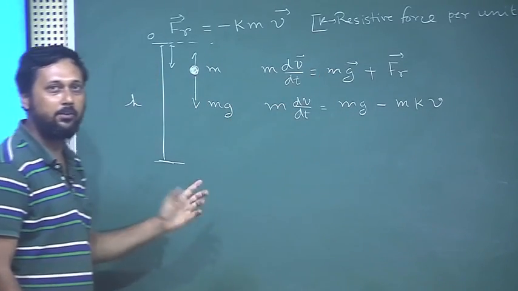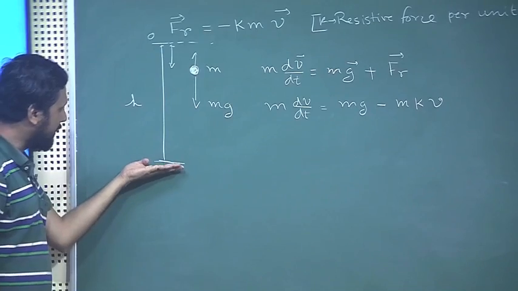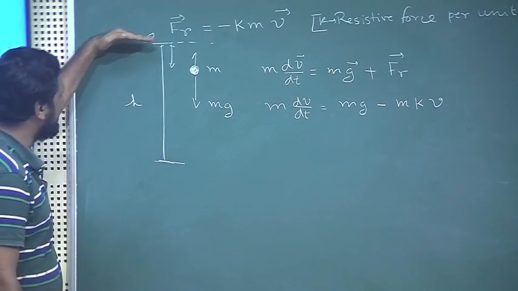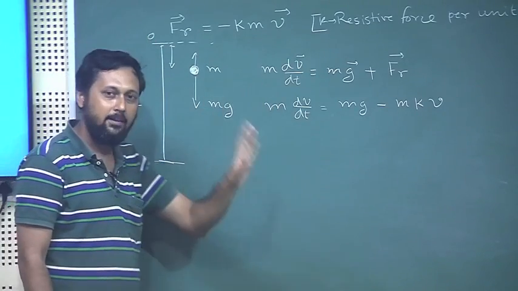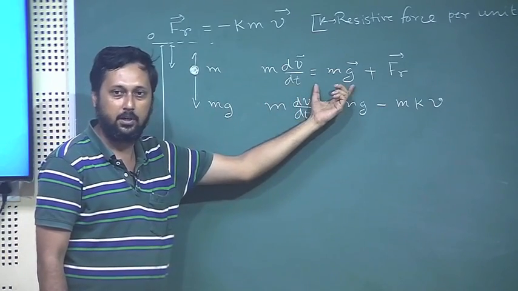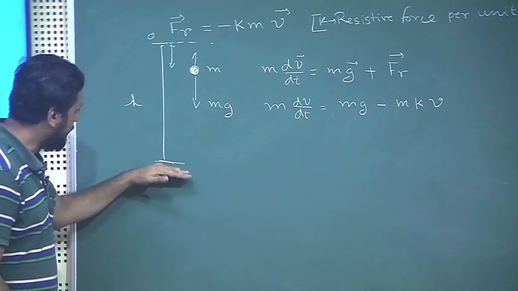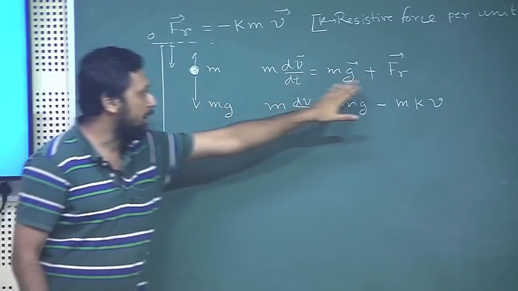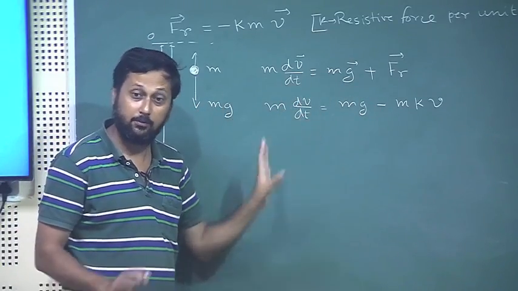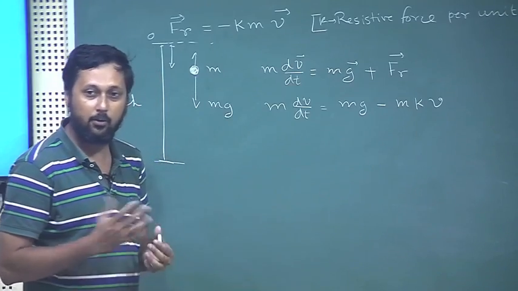This is very important, because in some problems we take the origin here, and in some problems we take the origin there. Kindly do not blindly follow this equation. Please understand where your origin is, whether it is down here or up there, and adjust your equation accordingly. That is very important, otherwise you will get very wrong results.